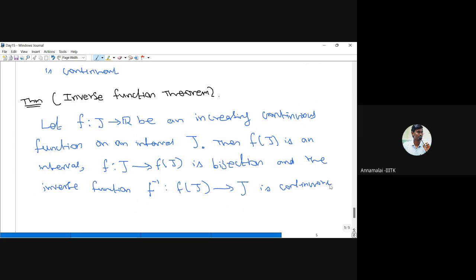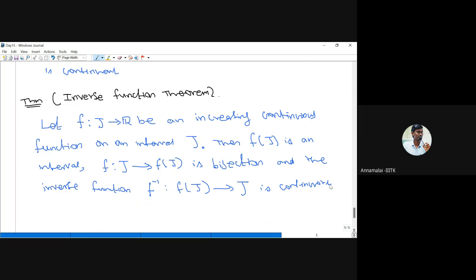So what is the statement of the inverse function theorem? Suppose we have a strictly increasing continuous function on an interval, then the image of that interval is an interval. And if you consider the function, we restrict the codomain R to f of J, because that is the image, the range of f. Therefore we omit all other elements and only take the images, then the function becomes a bijection.